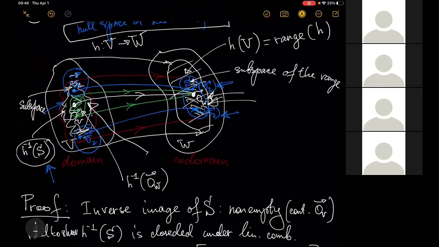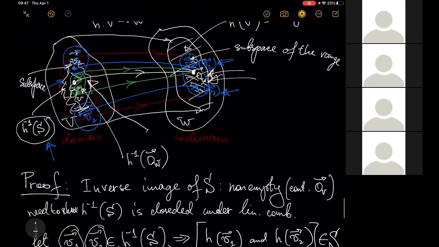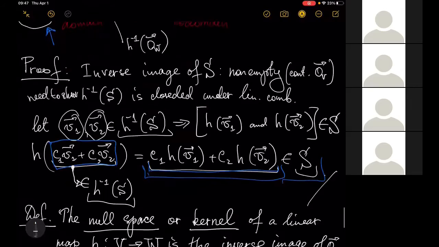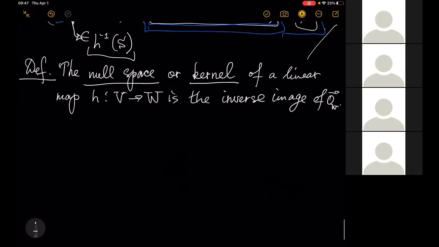So we have shown that the null space is a subspace of the domain because the zero vector is a trivial subspace, right? We have shown that the inverse image of any subspace is a subspace, right? So it means that we know that this is a subspace.